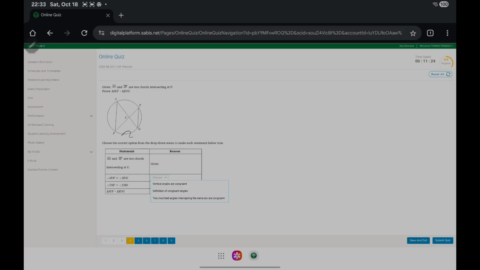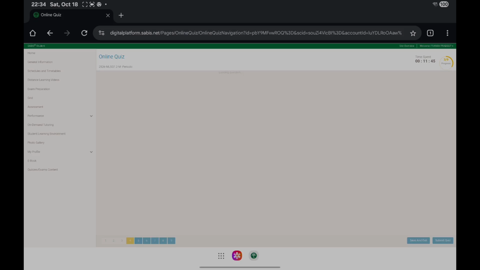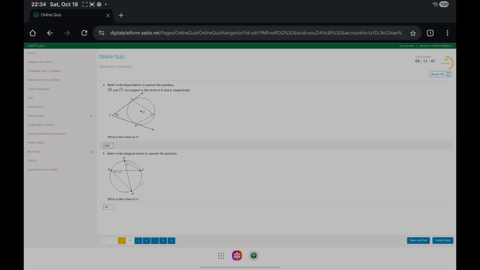What this means, number 2, is SUF equals XUG because vertical angles are congruent, and USF, which is this, equals UXG. Two inscribed angles intercepting the same arc are congruent, like we did in this question B.